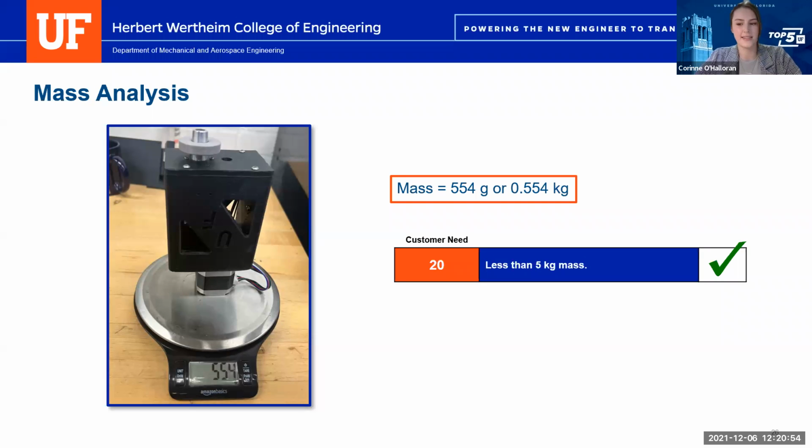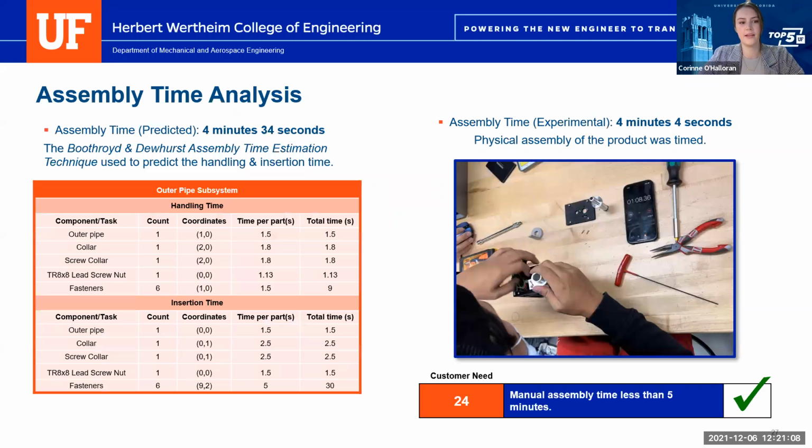A simple mass analysis was completed to ensure we met the customer need of being less than 5 kilograms of mass. As you can see here, we're well below that limit, coming in at 554 grams. Our assembly time was predicted to be 4 minutes and 34 seconds using the Boothroyd and Dewhurst assembly time estimation technique, which estimates handling and insertion time for each component.